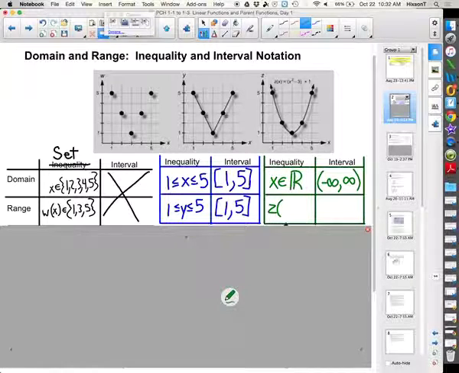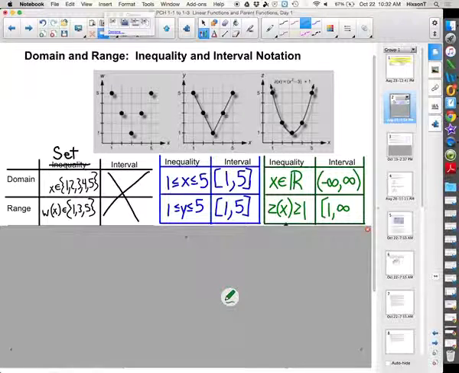How about our range, f of x? Greater than or equal to 1. Good. And then as an interval, how would I do that? 1 to infinity, with a bracket and a parenthesis.